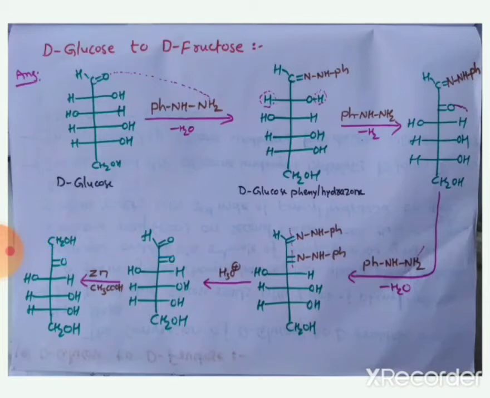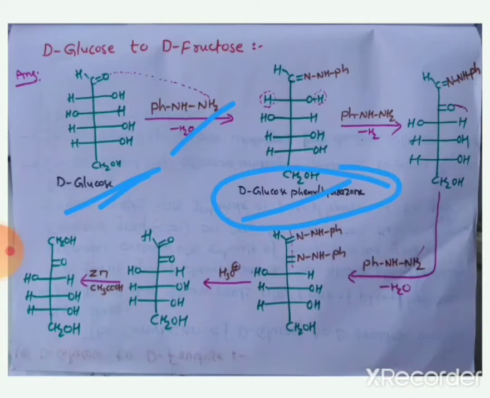This is the chemical equation for D-glucose to D-fructose. Students, we take D-glucose. When D-glucose reacts with phenylhydrazine, we get D-glucose phenylhydrazone. D-glucose phenylhydrazone reacts with a second mole of phenylhydrazine, so we get this type of product.